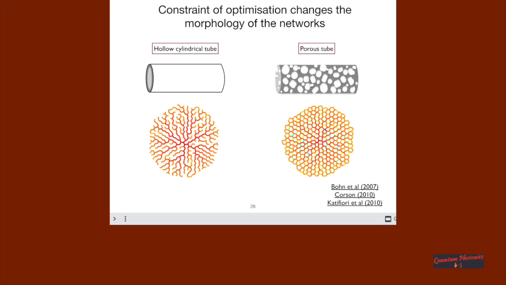It has some hierarchy, but it also has all these small tubes intact in the network, which are shown by the green colored tubes.